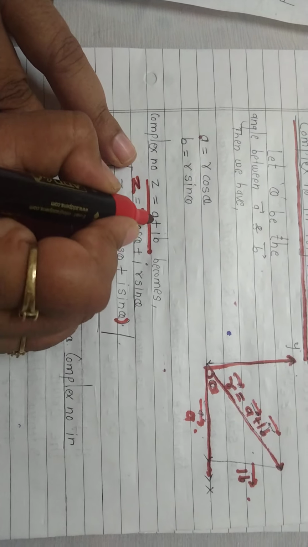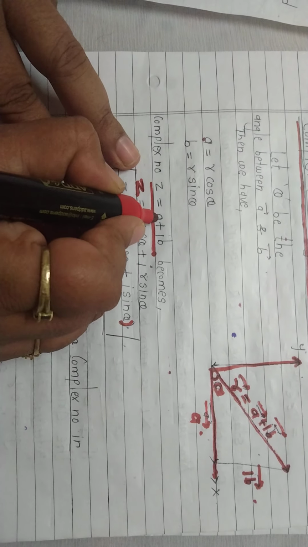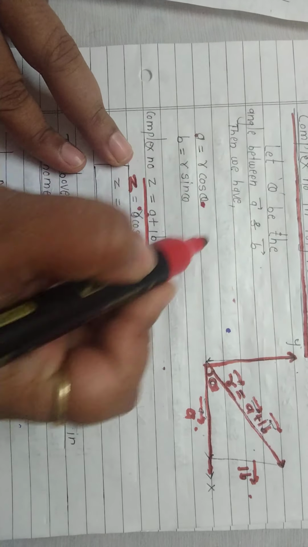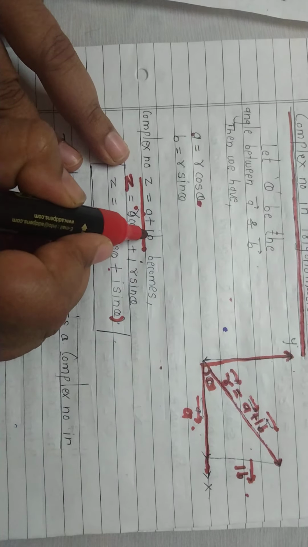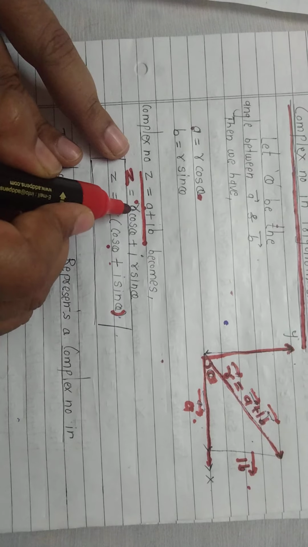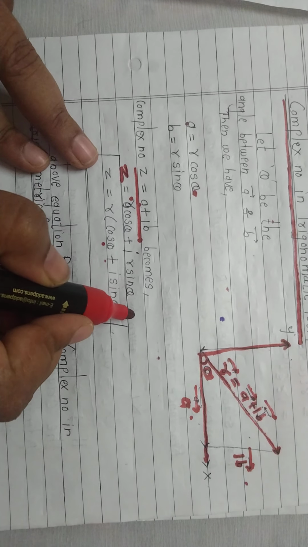z is equal to a plus ib. It becomes a is equal to r cos theta and b is equal to r sin theta. So z's value becomes r cos theta plus i r sin theta.